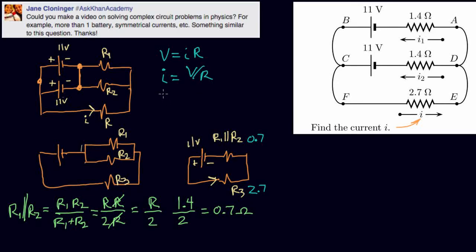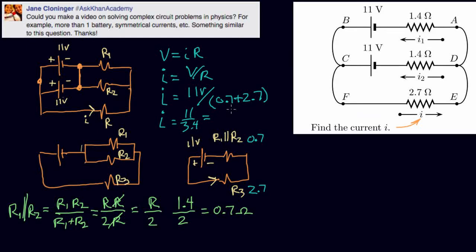We can start filling in values. I equals 11 volts over, what's the resistance? It's the series resistance here. So it's the sum of these two resistors, which is 0.7 plus 2.7. If I work that out, equals 11 over 3.4. Let me actually work that out.